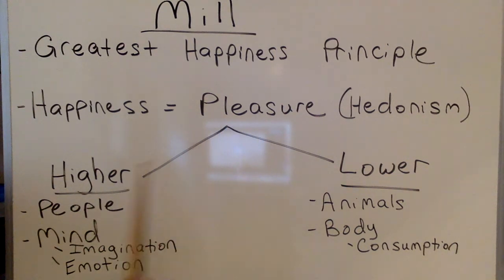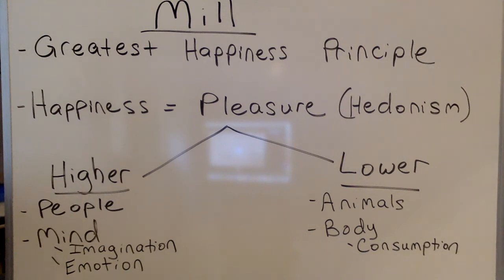He divides pleasures into higher and lower pleasures, and he says that higher pleasures are associated with people. Only people can really experience these, and these are pleasures of the mind, such as the use of our imagination and our emotions, while lower pleasures are common to people and animals, and they are more closely associated with the body, particularly in acts of consumption.